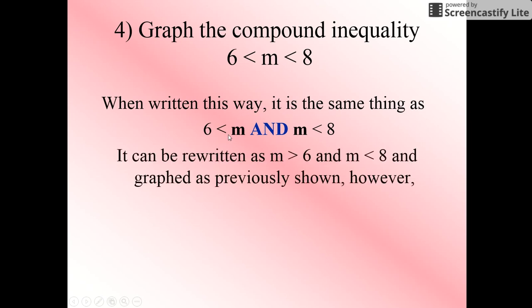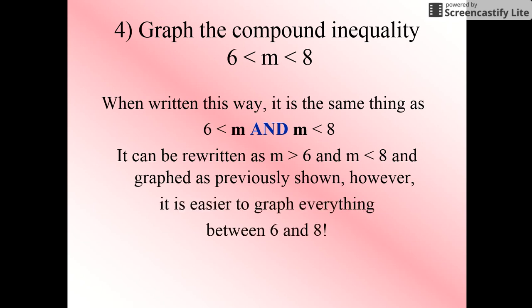We can switch the order and say m is greater than 6 and m is less than 8, and graph it the way we just did. However, it is always easier for an and statement to just graph the solutions between 6 and 8. Open circle at 6 from this inequality, open circle at 8 from the right side of the inequality, and everything in between is shaded.